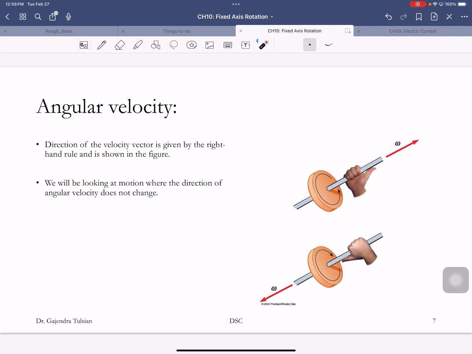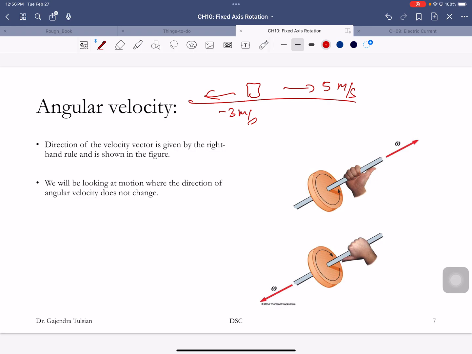Now, we are doing fixed axis rotation, so the velocity can either point this way or that way. This is just like one-dimensional motion. You can either move to the right or to the left. If you move to the right, we said that was 5 meters per second, and this was minus 3 meters per second.